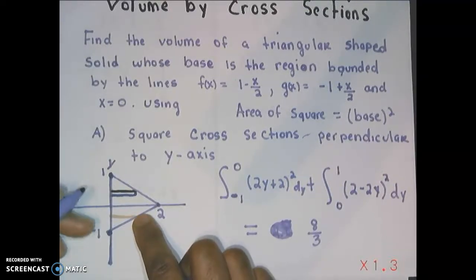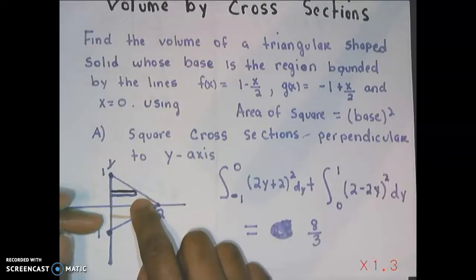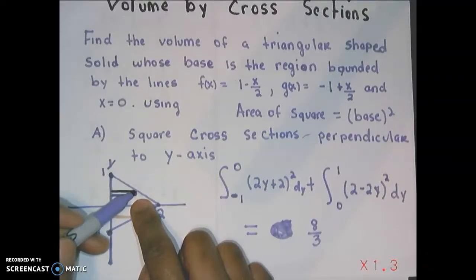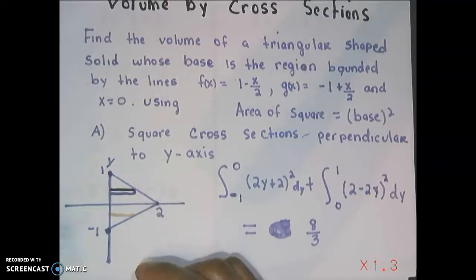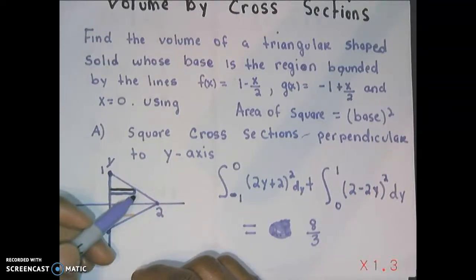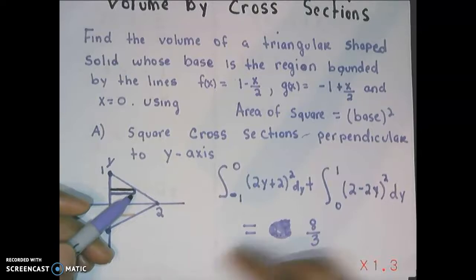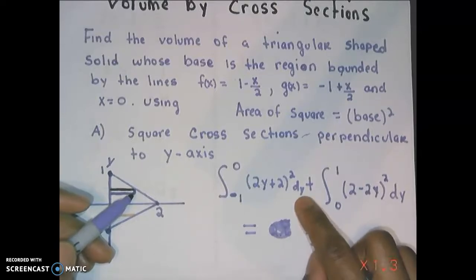So the base is going to be right minus left. And since it is perpendicular to the y-axis, we need to work in terms of y. So this is going to be dy.